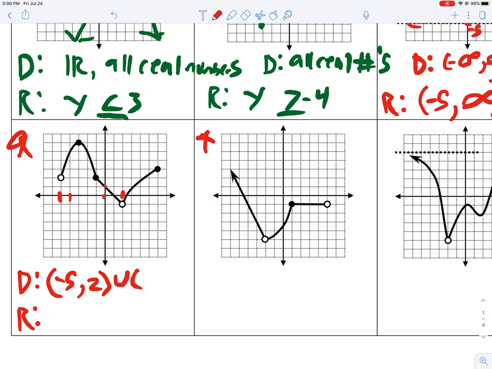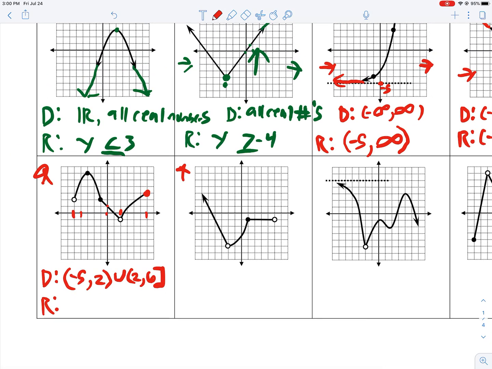There's not one nice whole set like we did in the last two problems. So we go right up to 2, we skip over 2, and then we keep going out here to 6. Since that's a closed dot, when I say x is 6, can you point to a point on the graph? Yes, you can. It's y is 3. So it would be a square bracket.